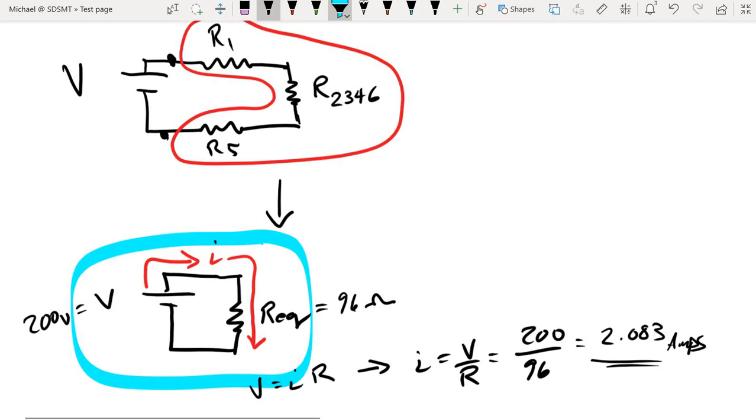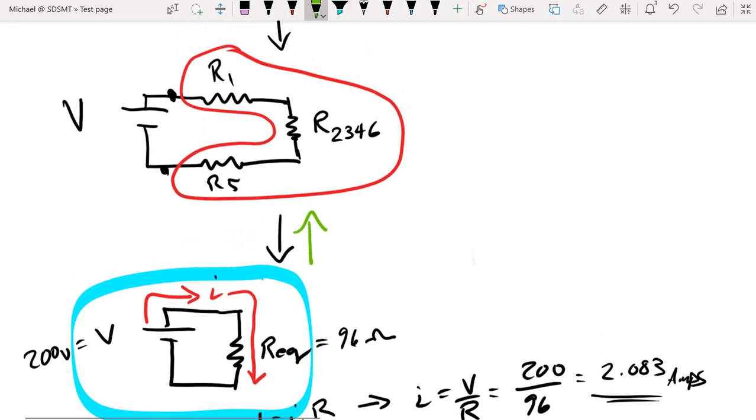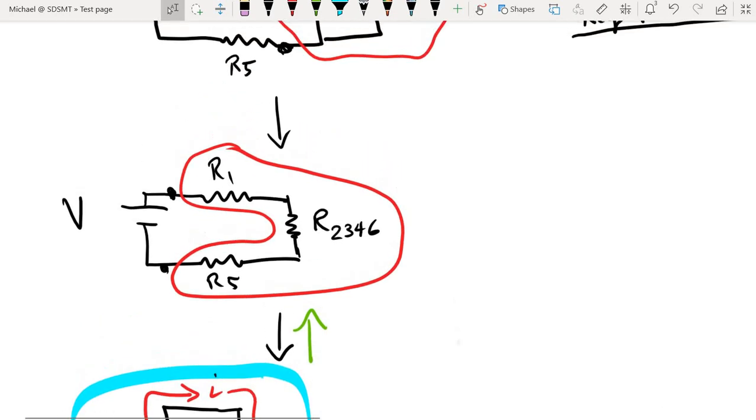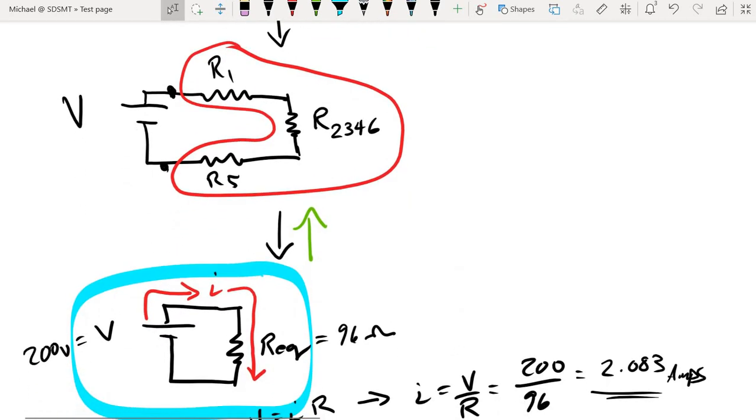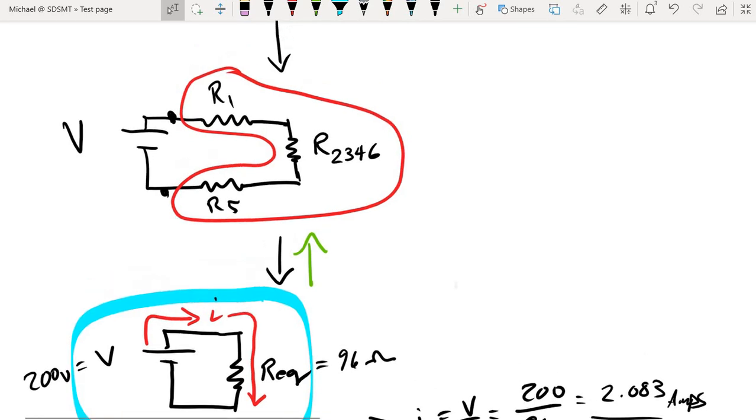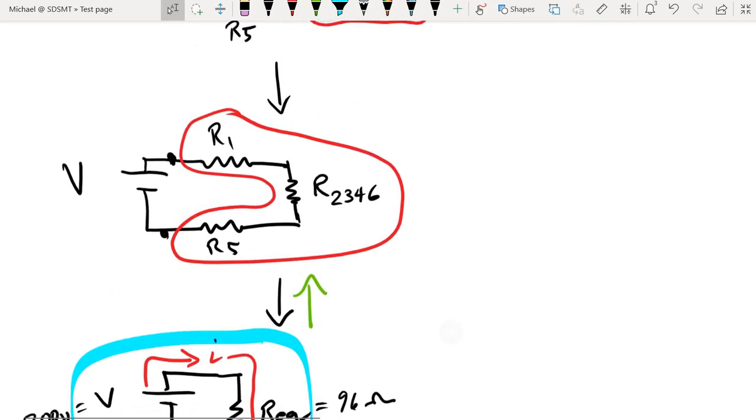So what do we do? Well, we backtrack. We're going to backtrack up to the previous diagram. And what we're going to do is now deconstruct the equivalent resistor. We're going to take our equivalent resistor and break it back up into resistor 1, resistor 2, 3, 4, 6, and resistor 5.